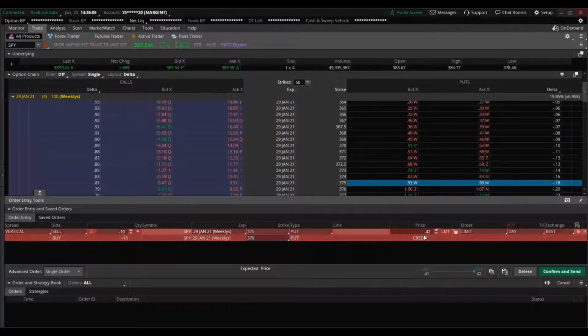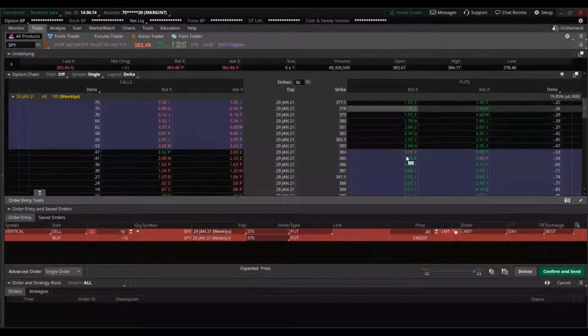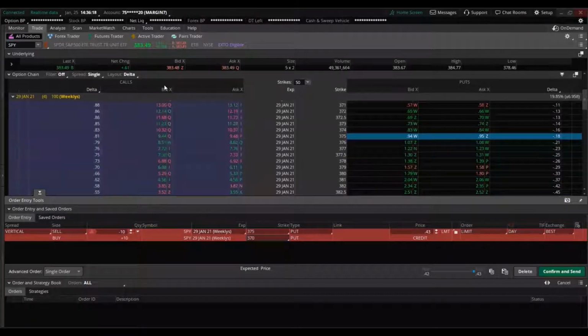And I would be receiving $42. Even though it says 42 cents, that's $42 because that's times 100. So notice 375. As long as the stock stays above that 375, I keep all that money.